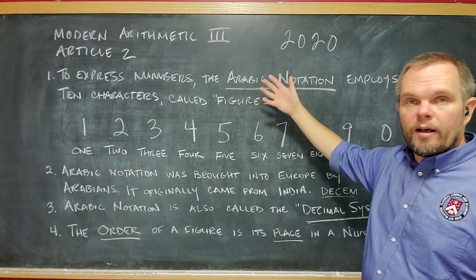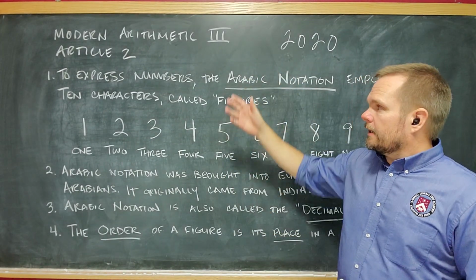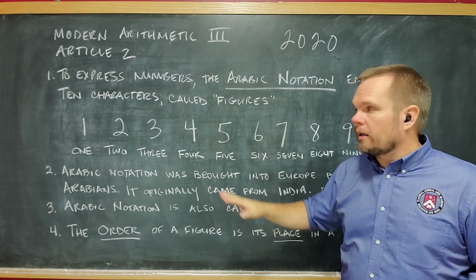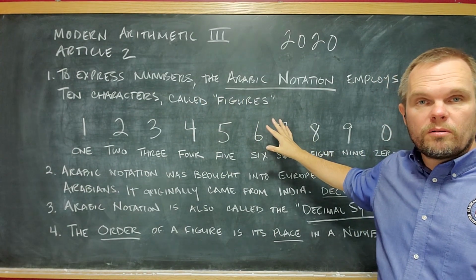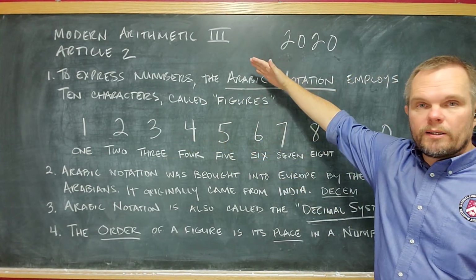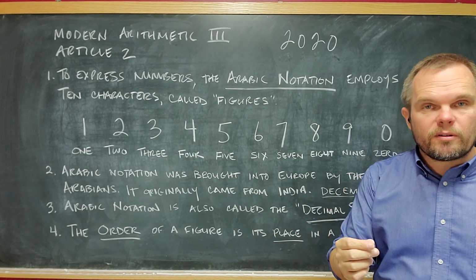I hope that's a helpful look at Article 2. Take some time to review this, study it carefully, because remember, even though you may know most of this, you may know these numbers already, I want you to learn all of these details. And I want you to learn them carefully and exactly.